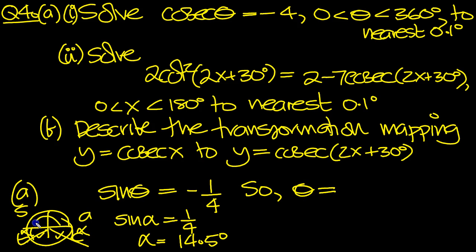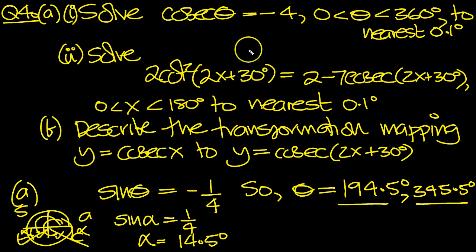The first solution would be around to here, wouldn't it? 180 plus 14.5, 194.5 degrees. And the other solution would be right around to here, which is 360 take away 14.5, which is 345.5 degrees. So there's theta for this one, to the nearest 0.1 degree.